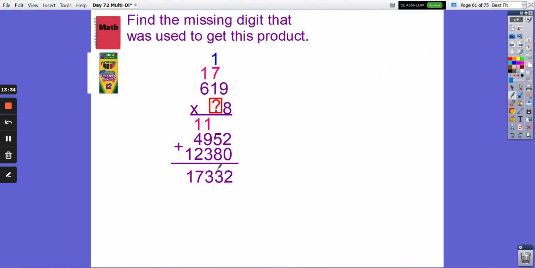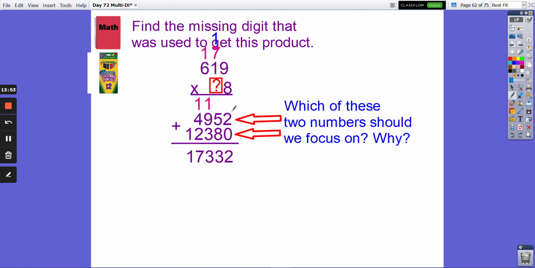Okay, our next problem just takes a lot of knowledge about how this works. Find the missing digit that was used to get this product. Okay, so here I have 619 times a 2-digit number, but I don't know what the number in the tens place is. If I'm looking at these two numbers here, think about the process and how you write things down.